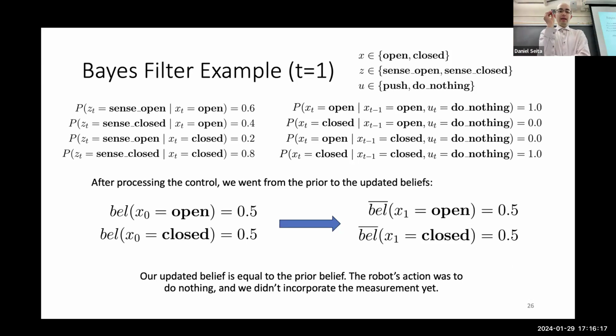So your question is, is the belief of x0 always equal to belief overline x1?